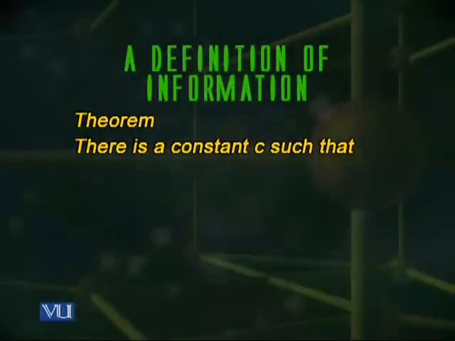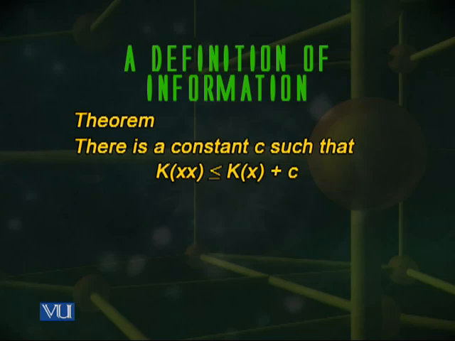This theorem says that there is a constant c such that the descriptive complexity of x followed by x is less than or equal to the descriptive complexity of x plus a constant. So what this seems to be saying is that the string xx does not have much more information than the string x.